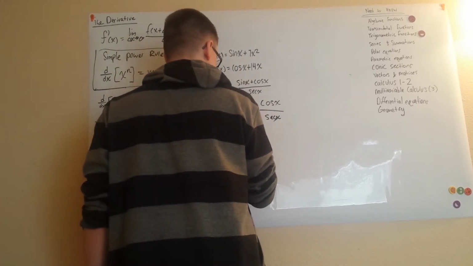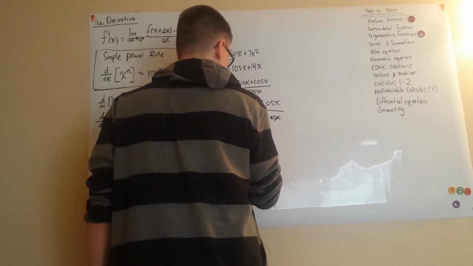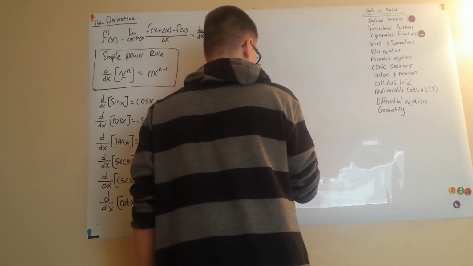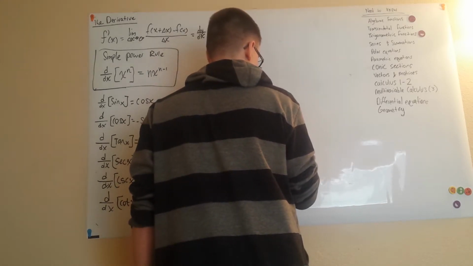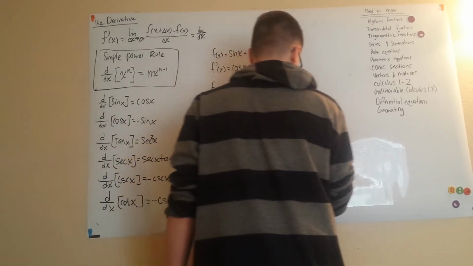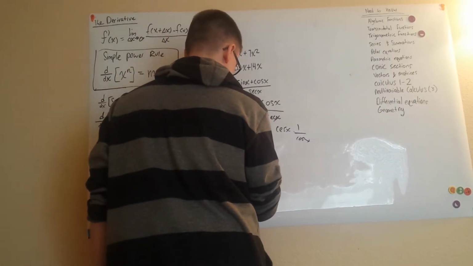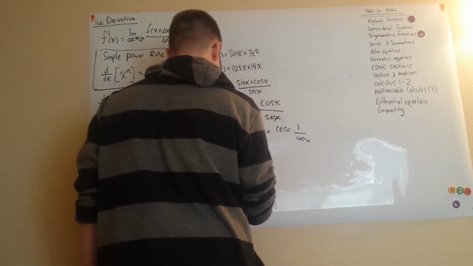Now what's secant? Secant is 1 over cosine. Sine over cosine is tangent. Cosine over cosine is 1.